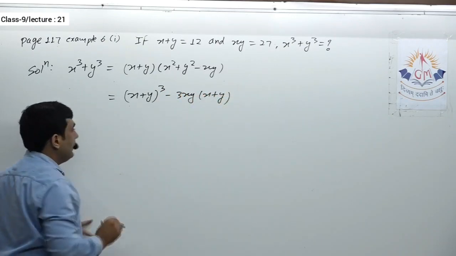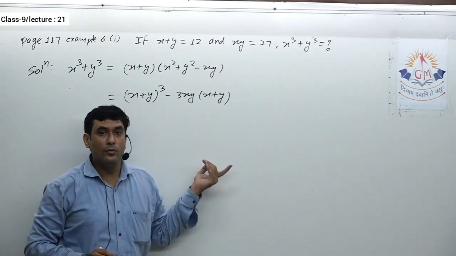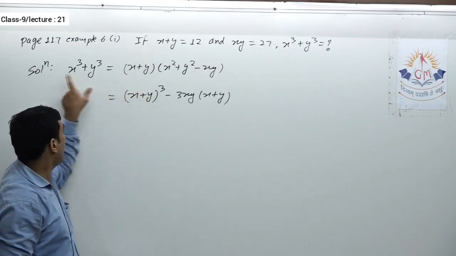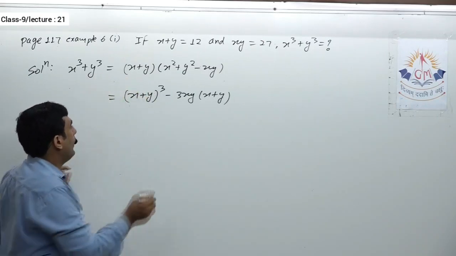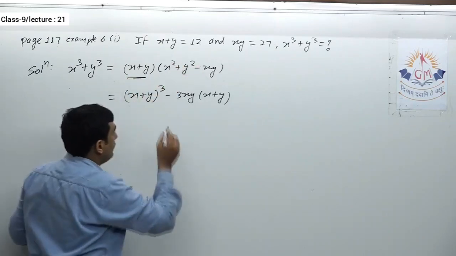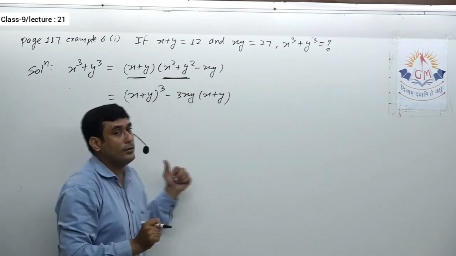Now you have to think which identity is easier to use. Suppose I use this identity to obtain the value of this. So what I need is x plus y, that is given. Then I need x square plus y square, and that is not given to us.